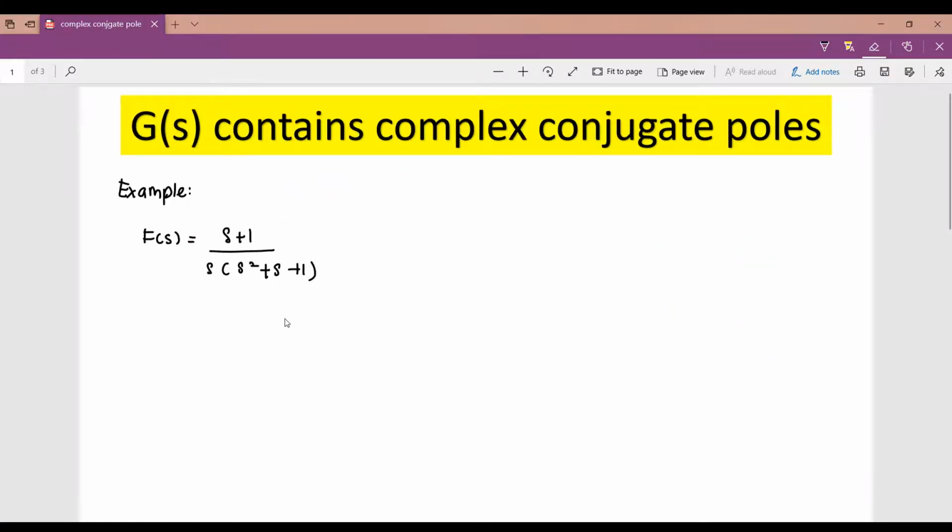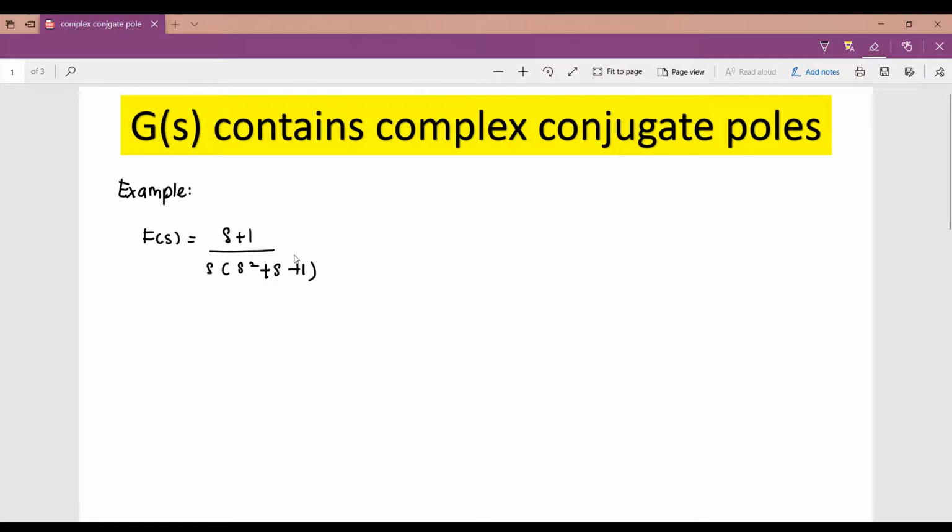Okay, the third criteria of poles, which is F(s) contains complex conjugate poles. Okay, look at this example. F(s) is equal to s plus 1 over s times s square plus s plus 1. So, the s here is one pole, which is s equal to 0. The one pole is 0. And inside the bracket here, we have two poles, where the poles are in complex conjugate form.